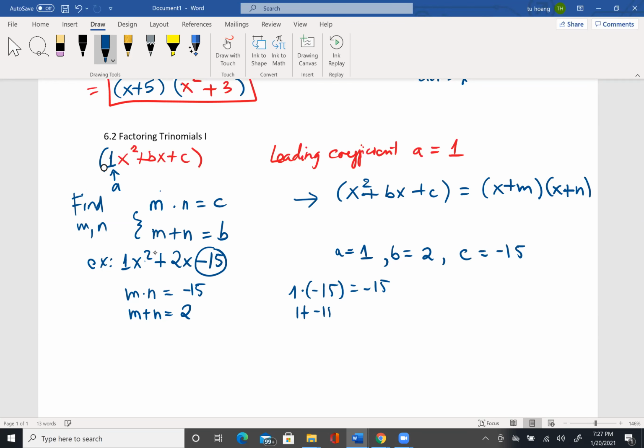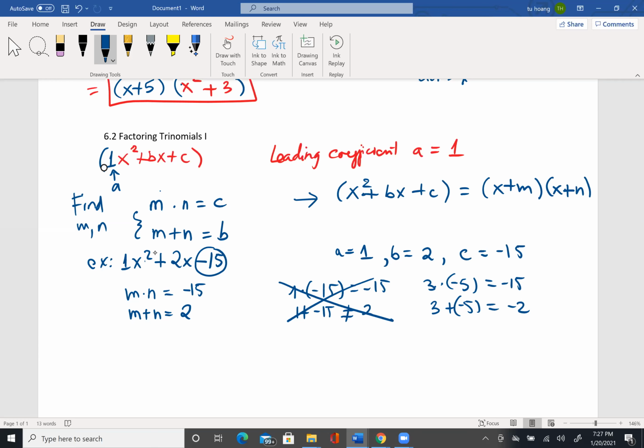You don't have any number to multiply to become negative 15. We just look for integer numbers, not rational numbers. So 2 is not good. Let's move to number 3. I have 3 multiplied by negative 5 equal to negative 15, and 3 plus negative 5 is negative 2.